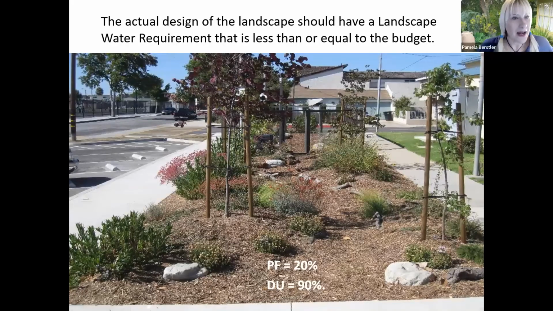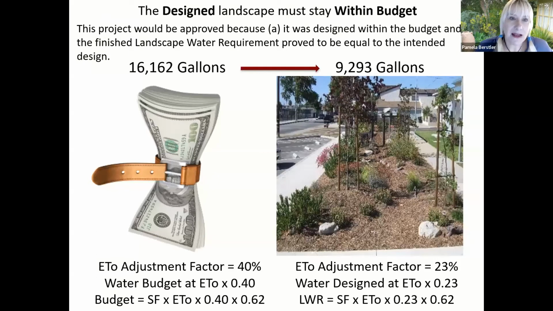So what would happen here if I had irrigation that was a conventional spray? Would my estimated total water used be higher than the budget? Most likely.